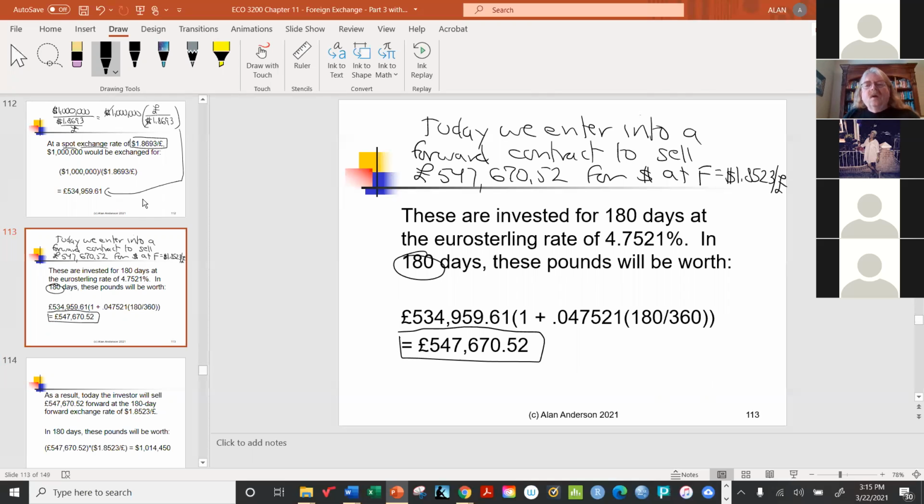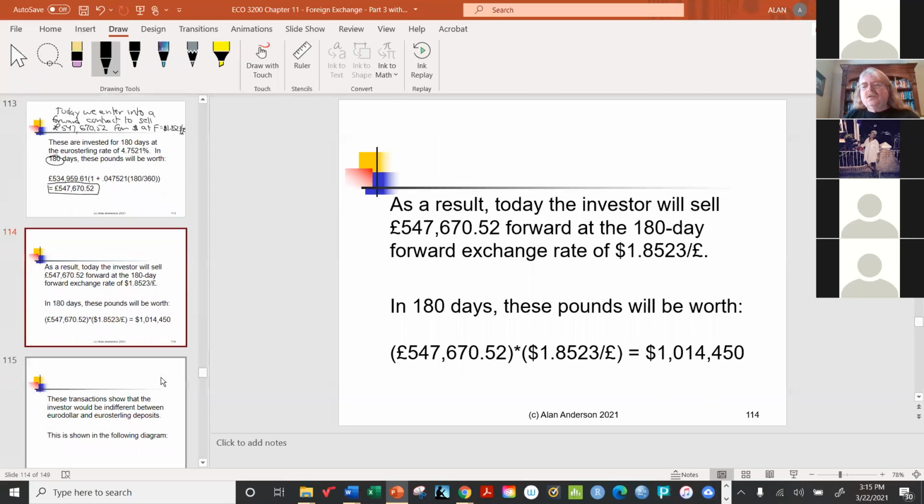So what does that equal to? Let's find out on the next slide. So except for maybe some potential rounding issues, that works out to $1,014,450.